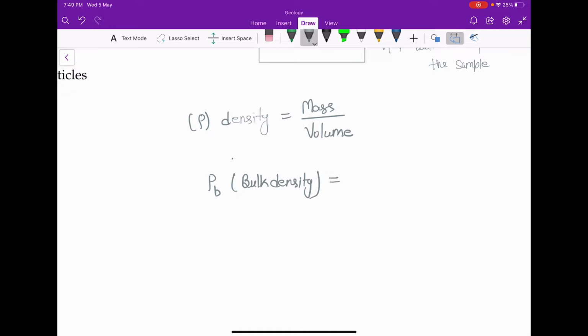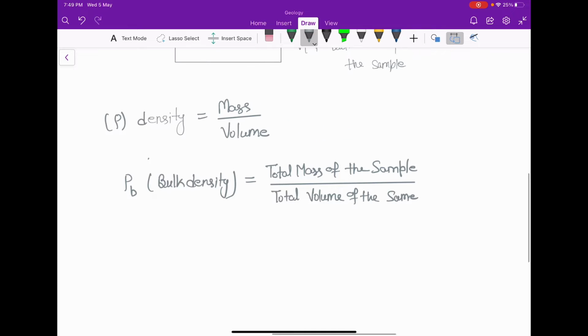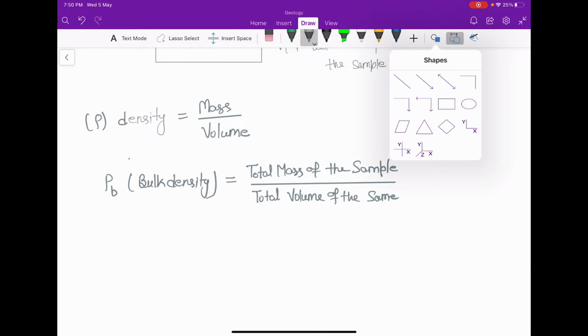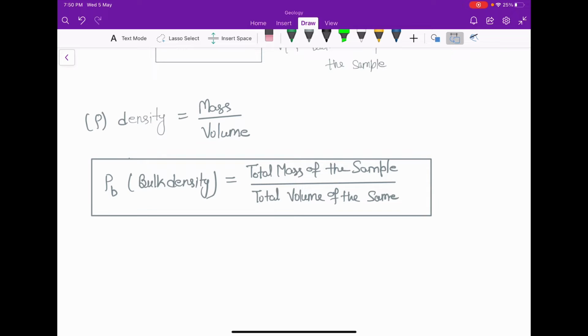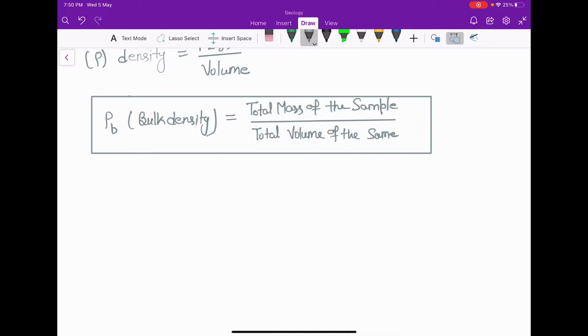That will be equal to the total mass of the sample divided by the total volume of the sample. So this is the formula for bulk density. Bulk means total.